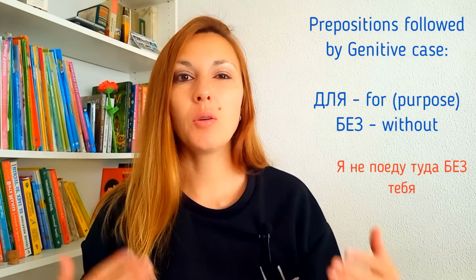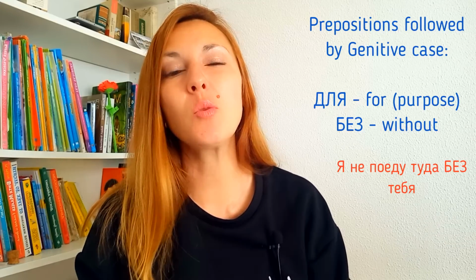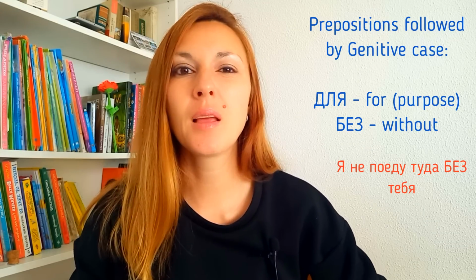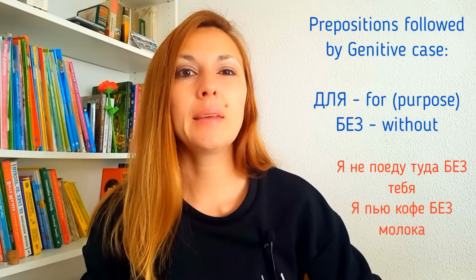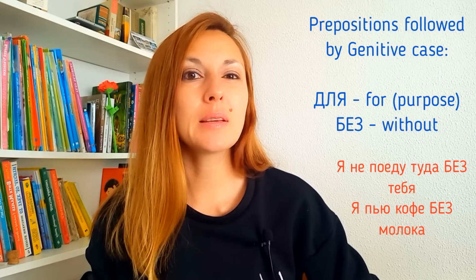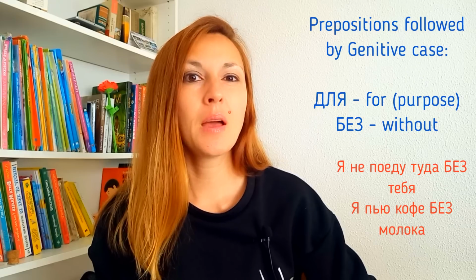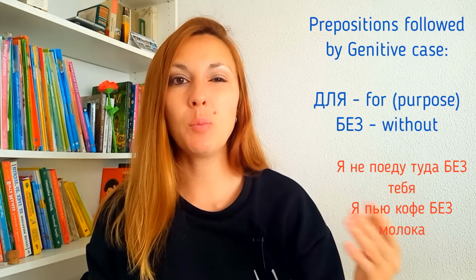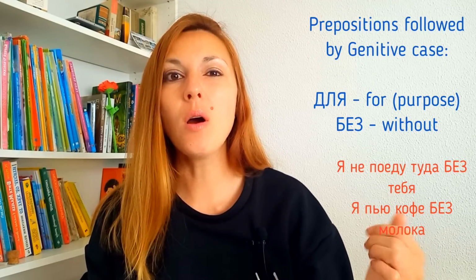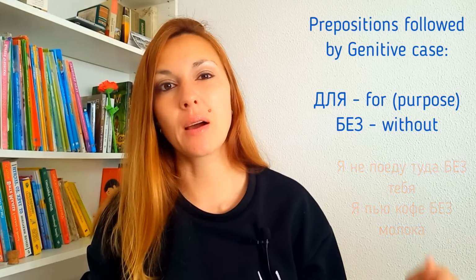Or how do we say I drink coffee without milk? Я пью кофе без молока. Молоко is a neuter noun, and we put it in genitive case, or becomes а, без молока.